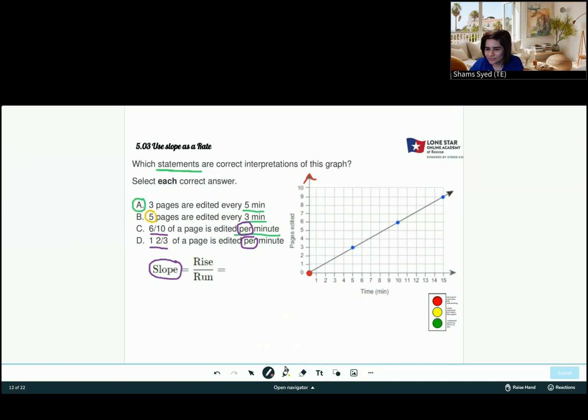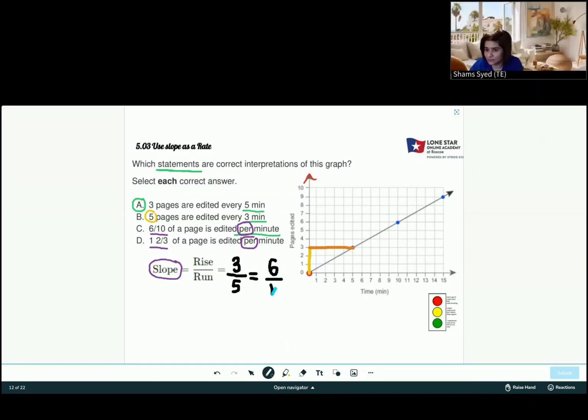Very good. Let's do the rise over the run. Here is our color. Rising. How much is the rise? Rise is 3. Let's do our run. And the run is 5. So the slope actually is 3 over 5. Do you know that a slope of 3 over 5 is also 6 over 10?